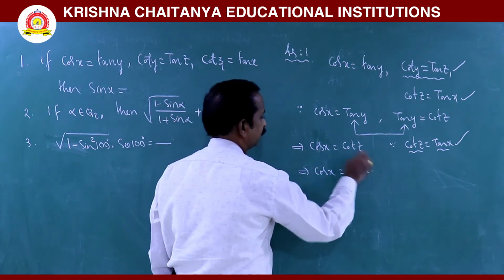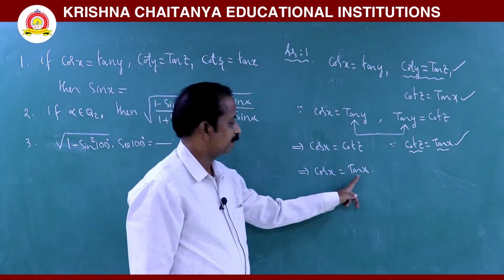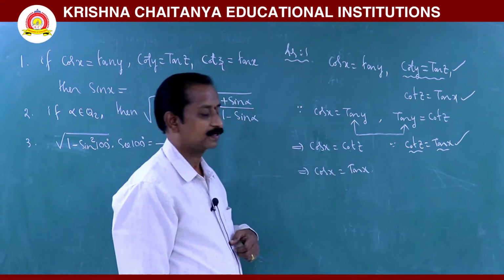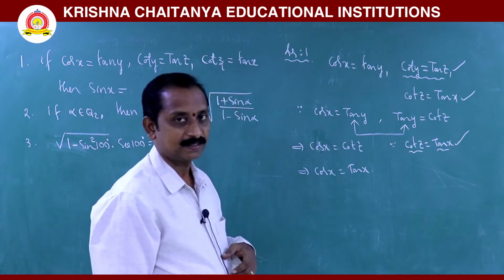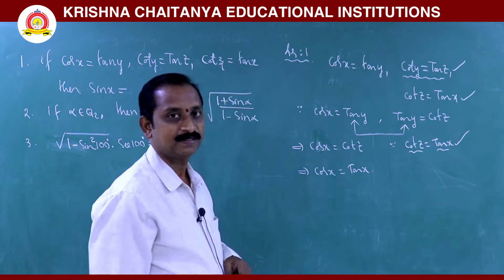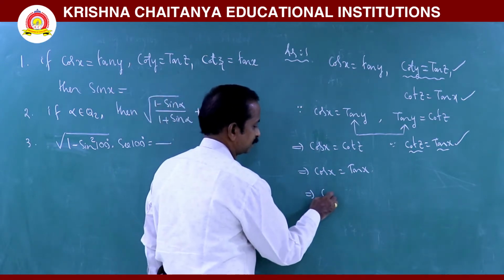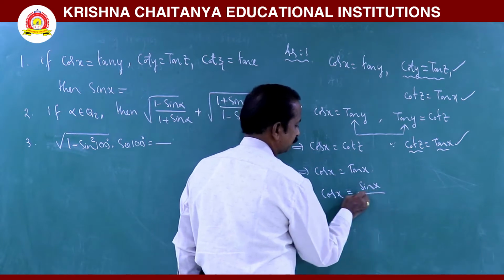But we need the value of sin x in the problem. So, make cos x and tan x in terms of sin x. What we know is that tan x in terms of sine and cosine is sin x by cos x. So, it implies cos x is equal to sin x divided by cos x.